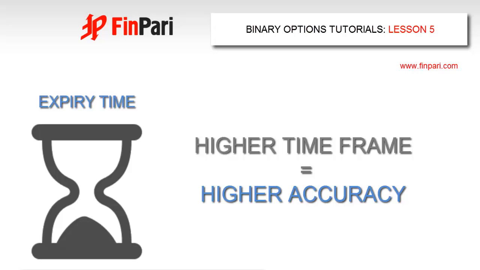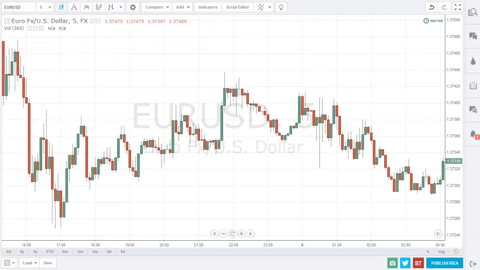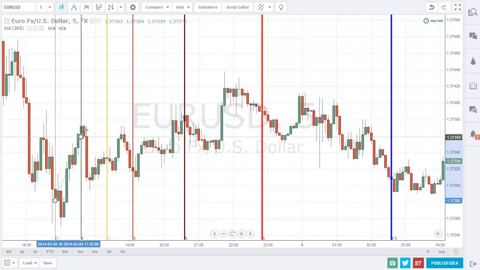Use 5, 15 or 60 minutes time frame for chart analysis if you decide to trade 1 hour or 30 minutes options. You can use various indicators to determine your expiry time as well. So in our case, we can try to use Fibonacci time zone. A simple way to draw it, just choosing an indicator and drawing it as a normal Fibonacci indicator.